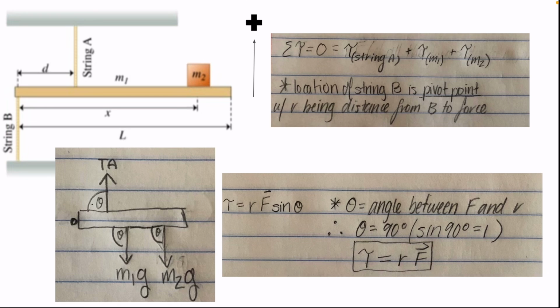You can see by the picture that for each of these forces, that angle is going to be 90 or negative 90, which is essentially just going to be either 1 or negative 1, which tells us that when we set this problem up, we're going to have to make either string A positive and the other two negative, or vice versa. So luckily the theta isn't too complicated in this situation. But now we can move on and start solving.